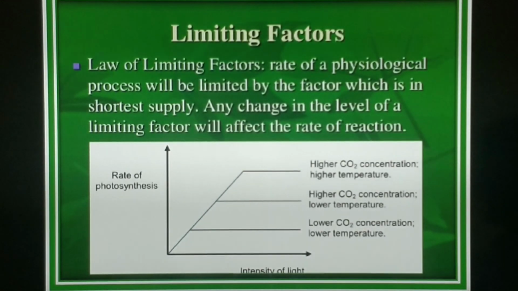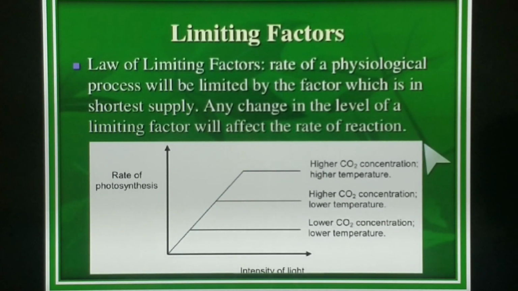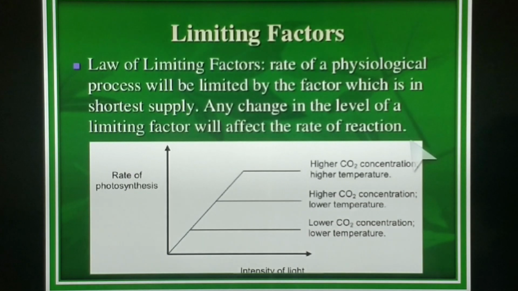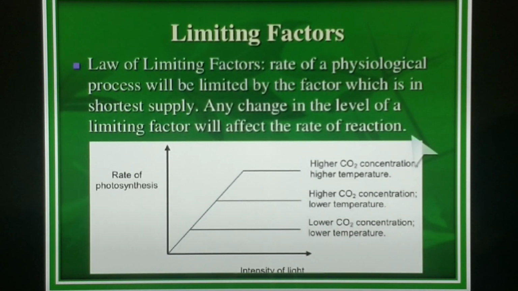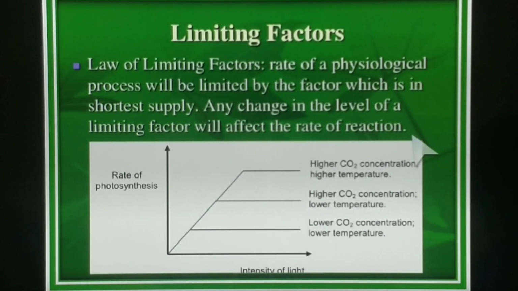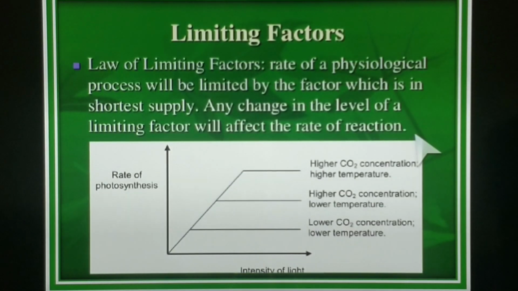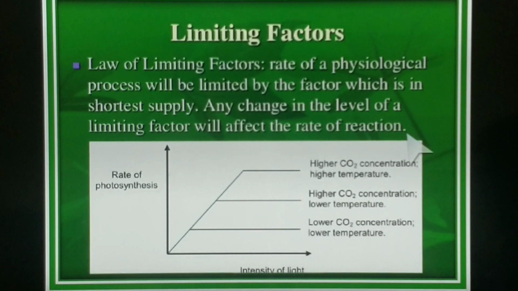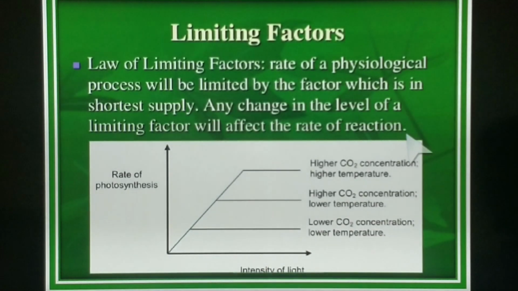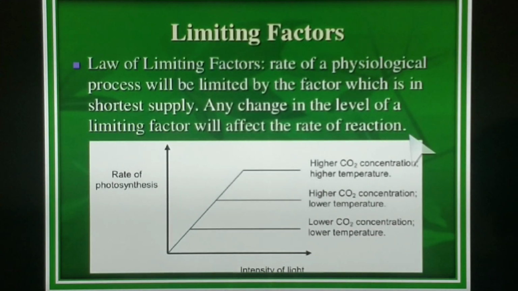Suppose, just to understand this, all the factors which are essential for photosynthesis, like the sunlight, temperature, chlorophyll, carbon dioxide and water. Suppose just to understand, there are 10 units of each of them. Then the rate of photosynthesis is going to be almost steady because everything is available in equal concentration.